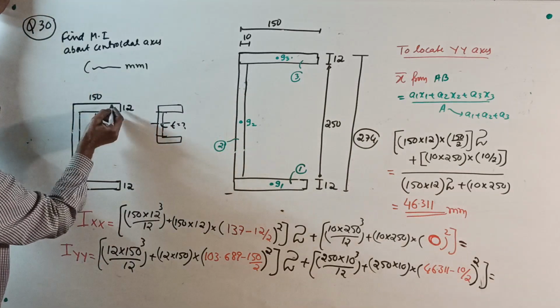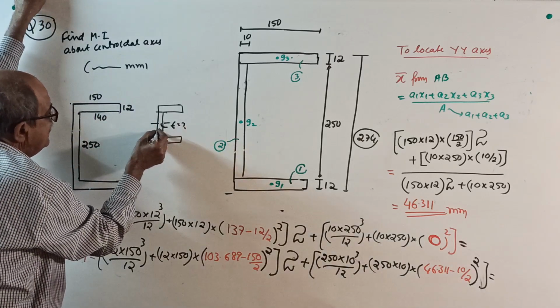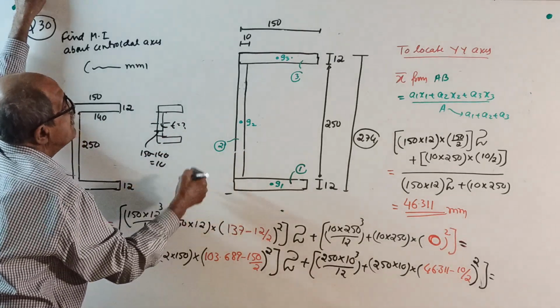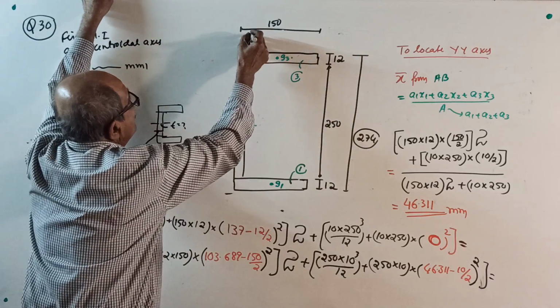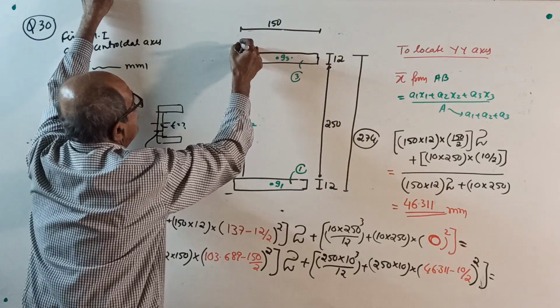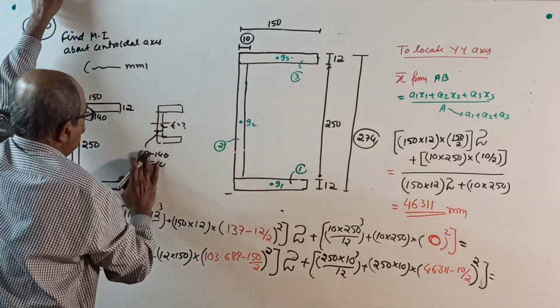See here, this is 150, this is 140, which means this thickness is 150 minus 140 equal to 10. Remember, this 10 is not given, it is carefully calculated. Be careful.